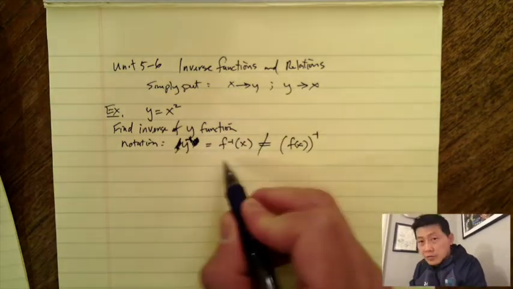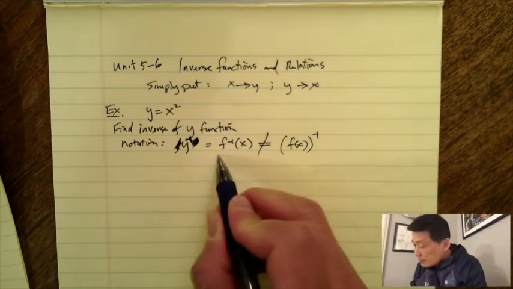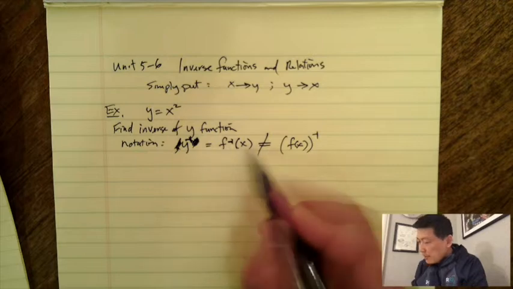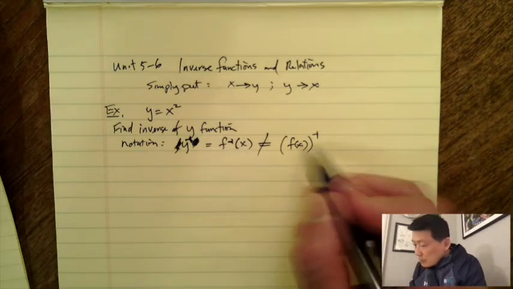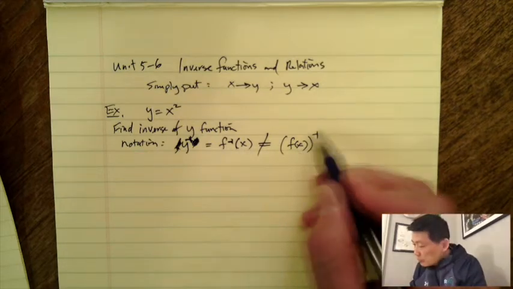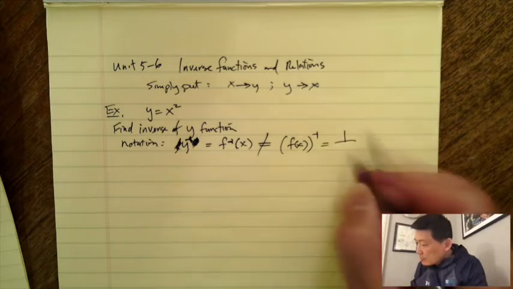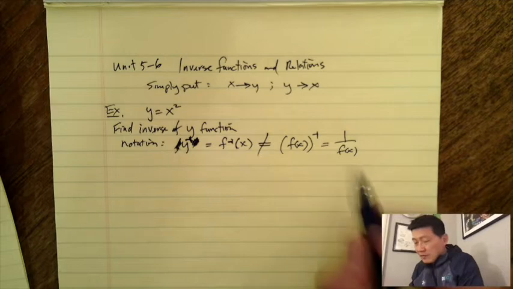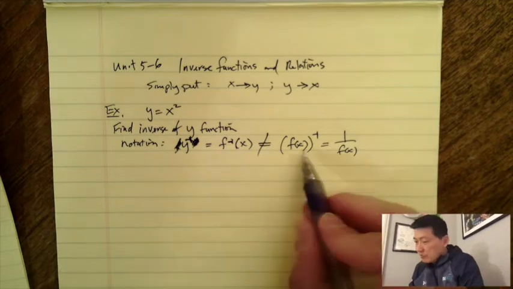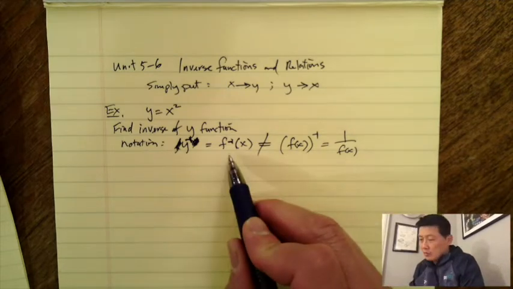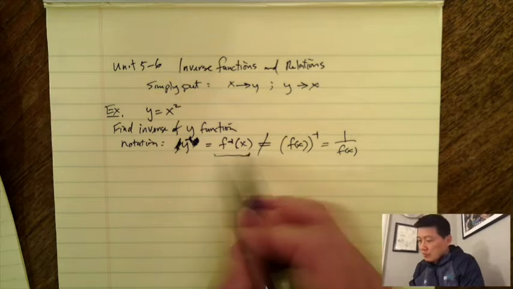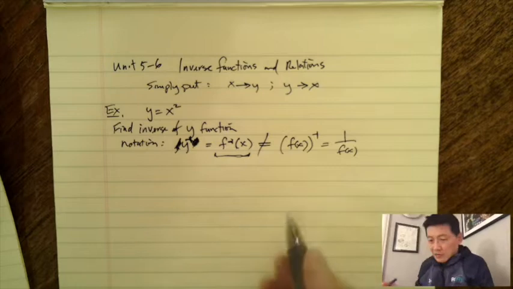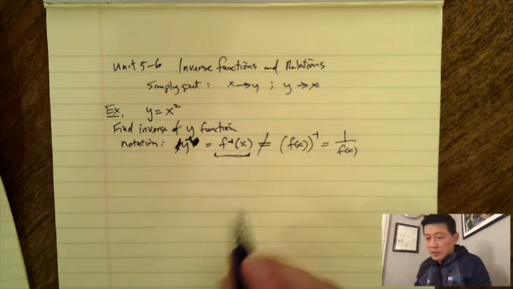But in any case, what you should see is oftentimes f to the negative 1 in between f and f of x, which is not the same, because if you have f of x to the whole thing to the negative 1, that oftentimes means 1 over f of x. That's not inverse. This notation is inverse, though. So this is something that I just want to make a side note on, just to make sure that you don't get confused later on.